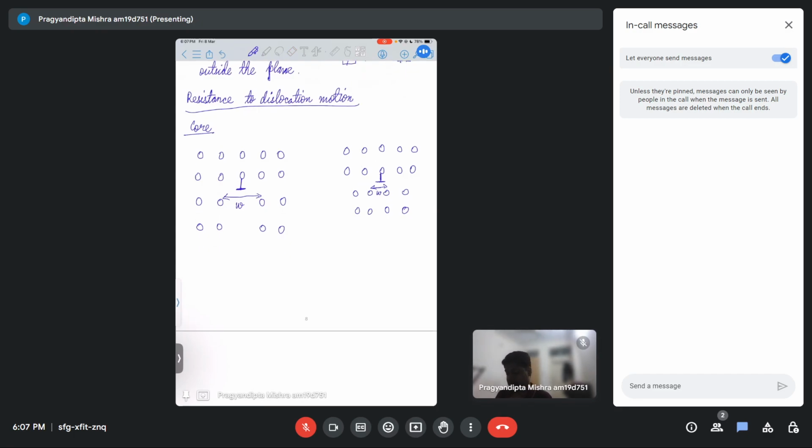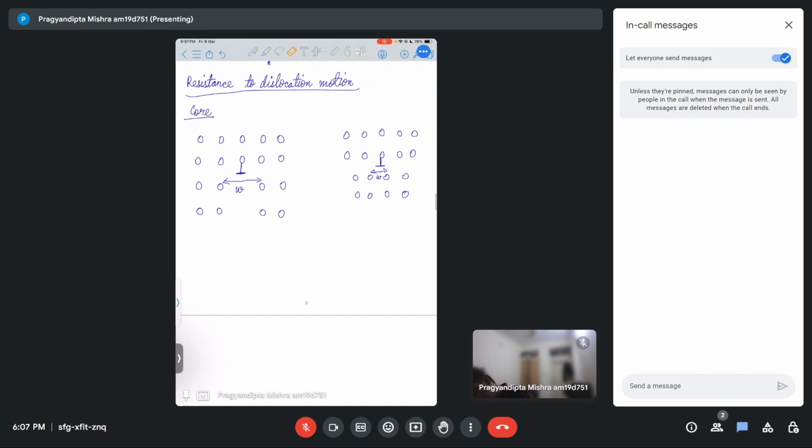So if I draw the displacement of this, the change in displacement, if I just draw the dislocation core size with respect to each other, and then we measure how the displacement varies as a function of the distance from the core, we'll get something like this.